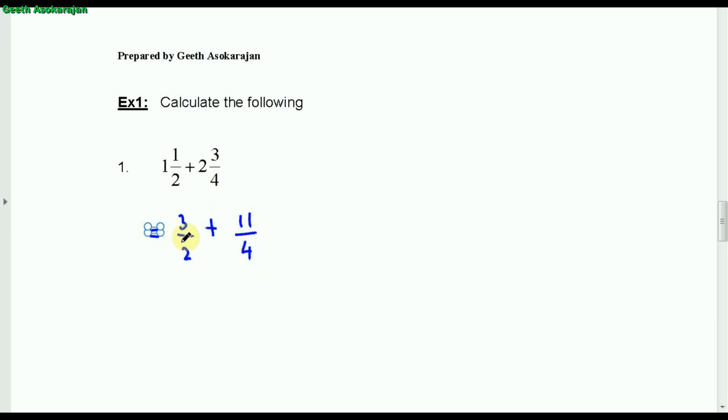Now the denominators are not the same. Let's work out the LCM of 2 and 4 in the corner. Let me list the prime numbers on top. So 2, 3, 5 and 7. So that should be more than enough.